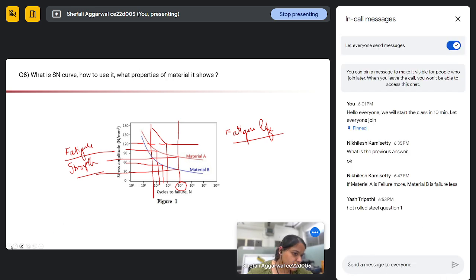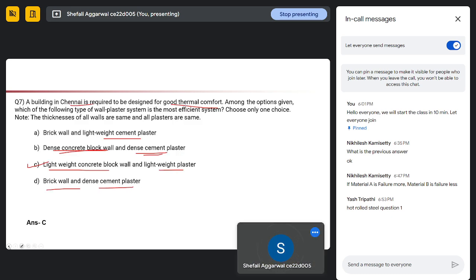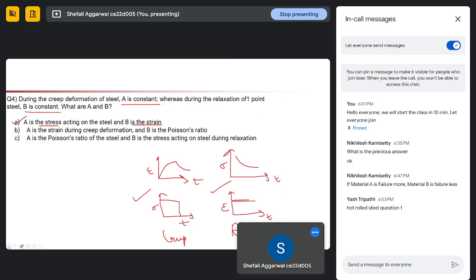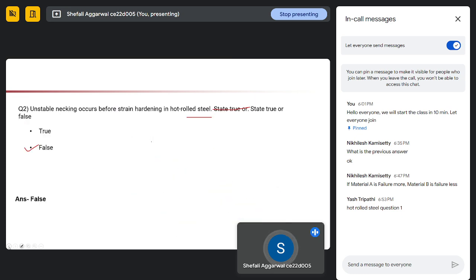Hot rolled steel question. This question only.